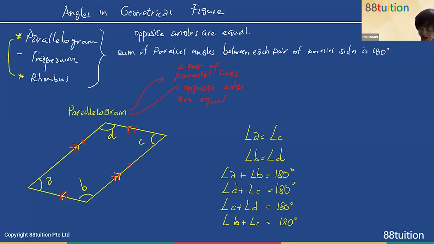You have angle A, angle B, angle C, and angle D. For a parallelogram, diagonal opposite angles must be equal. So angle B is equal to angle D, right? And angle C and A must be equal. Okay, so this is one of the properties that you all must know.